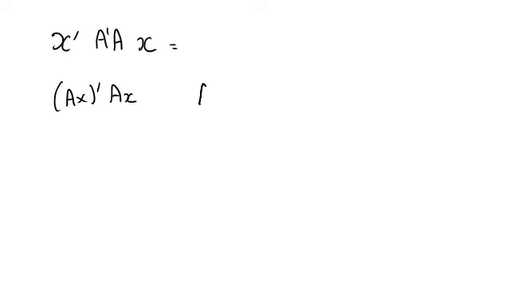If you check the dimensions, you see that Ax is n by 1. So let's call this v, a column vector. We know that the system Ax equal to 0 only has the trivial solution x equal to 0. That means that this vector v can never be equal to 0 if x is different from 0.